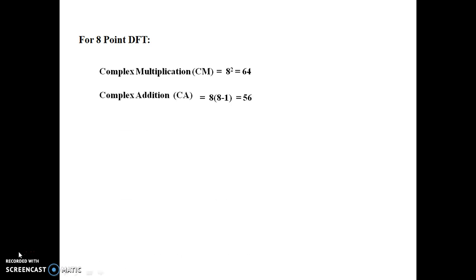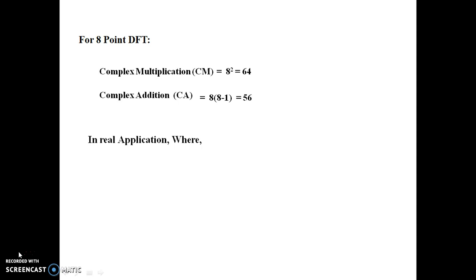Now for the next slide, if we consider an 8-point DFT, the complex multiplication is 8 square, that is 64, and for complex addition 8 into 8 minus 1, that is 56.